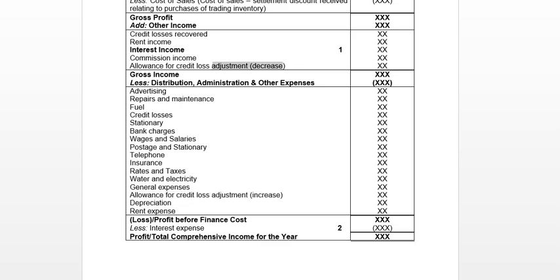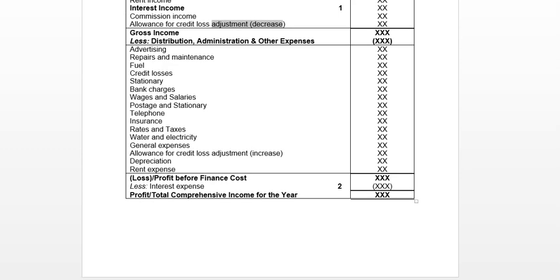If it was a decrease, so it was 5,000 Rand and it's now 4,000 Rand, then it's less than what we expected it to be, so that will be an income to you. And then that will be your total distribution, administration, and other expenses.